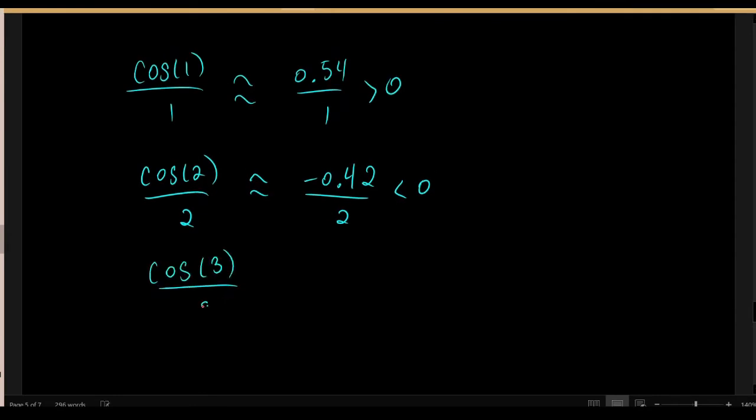Cos 3 over 3, cosine of 3 radians is negative 0.99. So cosine 3 has exactly the same sign as cosine of 2. So the alternation fails in this step.